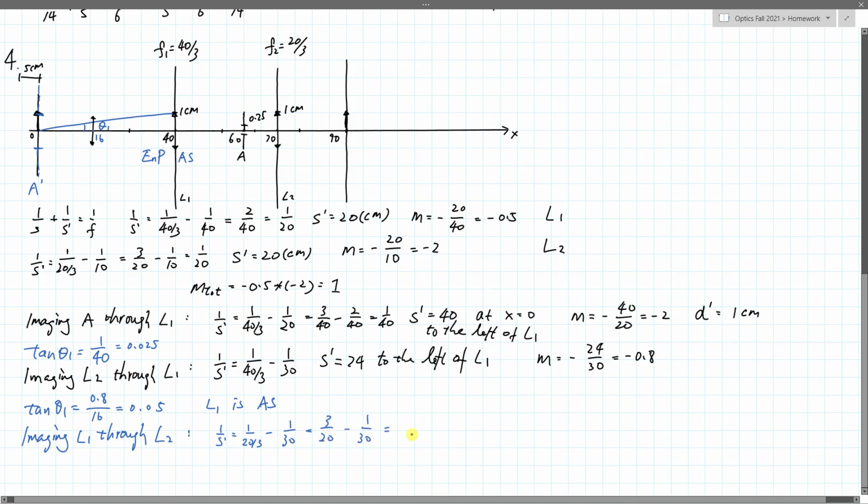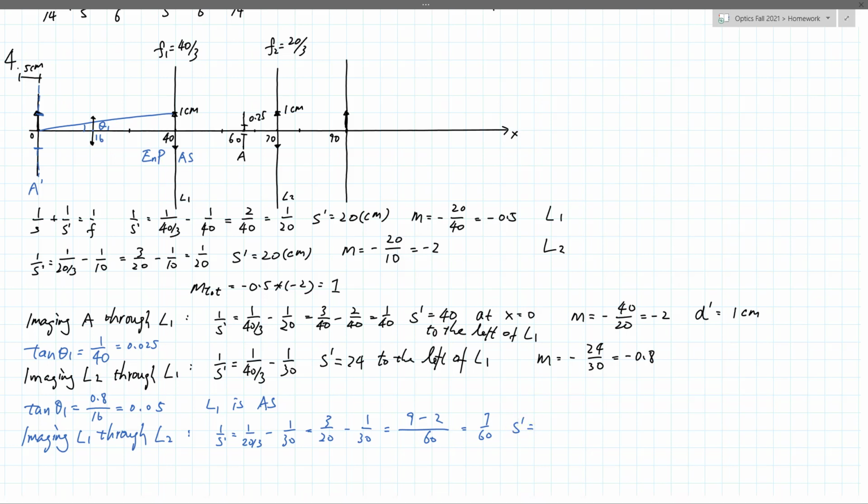So that's, common denominator 60, 9 minus 2. So eventually we're not getting any nice integers anymore, so it's 7 over 60, and S prime is equal to 8.57.